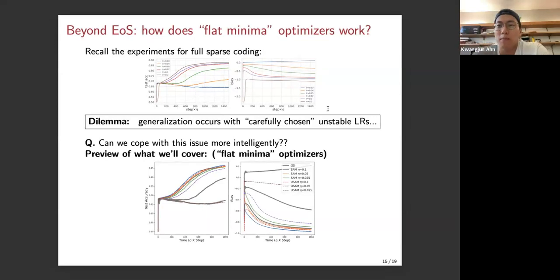One of the most popular flat minima optimizers is something called SAM, which stands for Sharpness-Aware Minimization. As an overview, I want you to focus on the solid blue, orange, and green lines in the plot. You can see that without careful tuning, the thresholding units always arise, which leads to better generalization. So what is SAM?